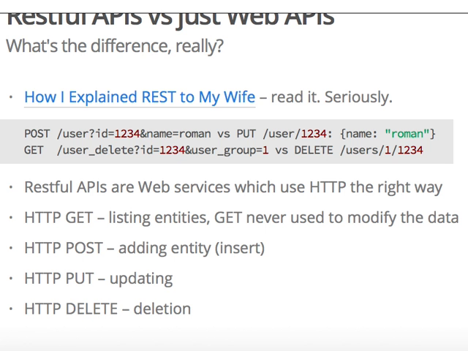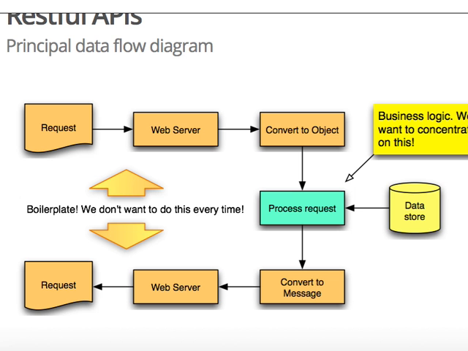So let's move on and let's talk a little bit about what it takes for our API to work. So any API call starts with a request. Request is normally just some bit of data, for example, a user ID or a user ID and the name. So we have this request, and request gets to the web server.